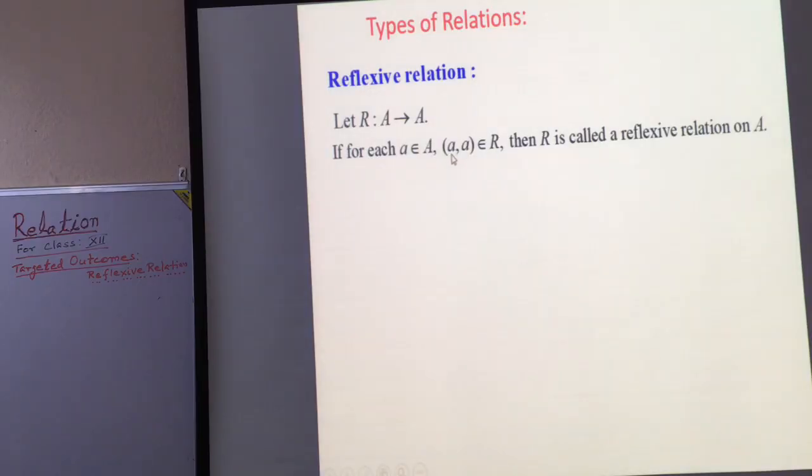What do we mean by ordered pair (a, a) belongs to R? It means element a should be related with itself.